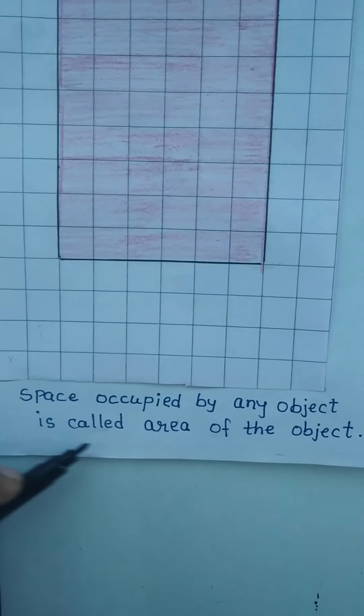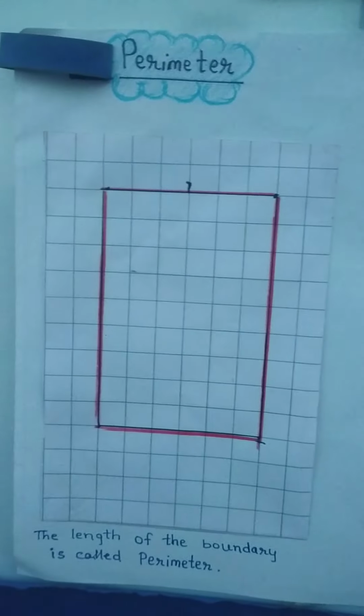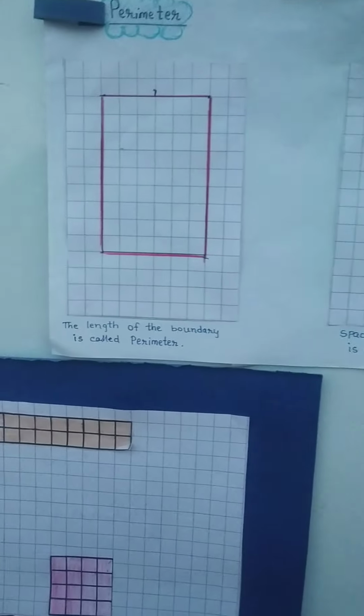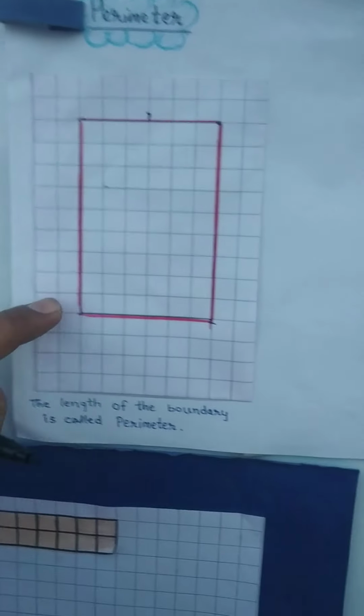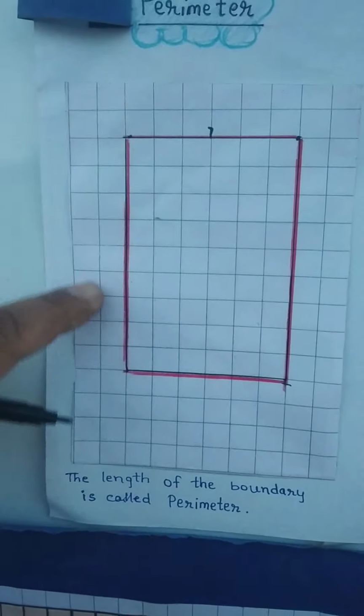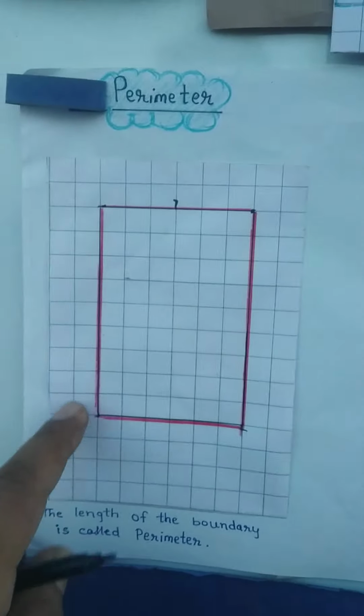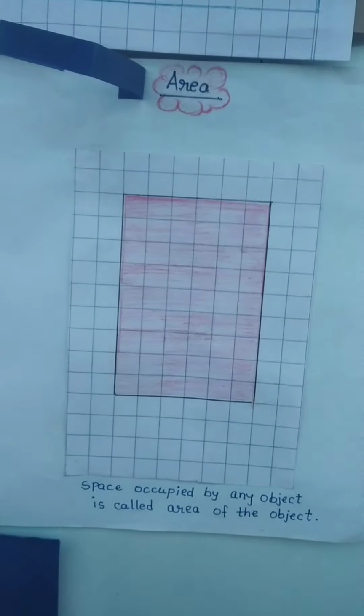So, space occupied by any object is called area of the object. I think you understood what is the difference between area and perimeter. Okay, children, don't be confused. The length of the boundary is called perimeter of the given shape, and the space occupied by the shape is called the area of the given shape.